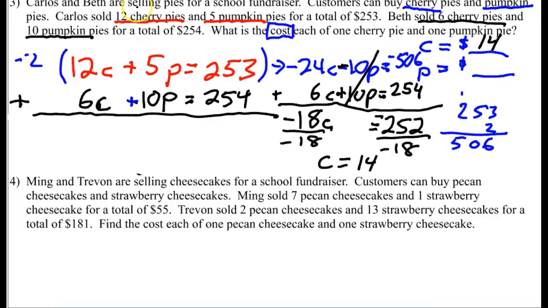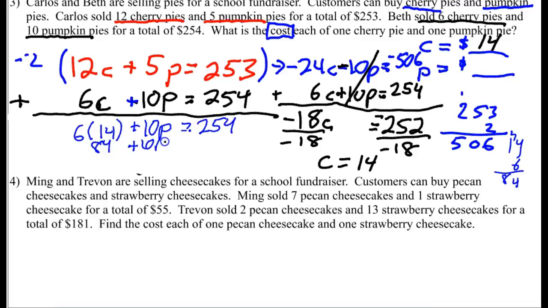And then go ahead and plug 14 back into either one. I'm going to use the bottom one here. So 6 times 14 plus 10 times pumpkin pie equals 254. 14 times 6, get 84. 84 plus 10 times P equals 254.